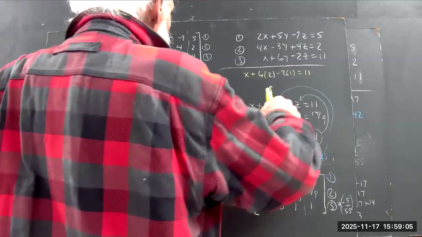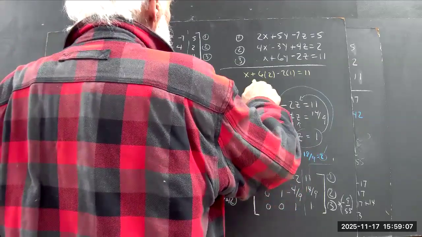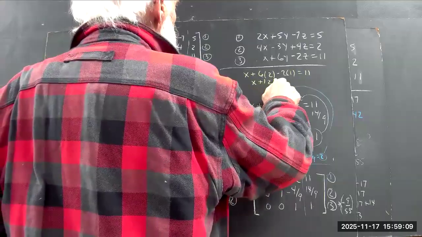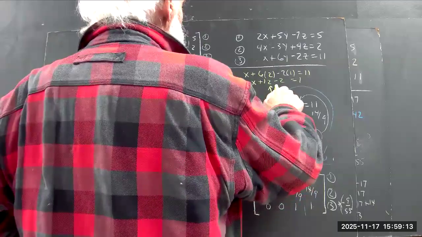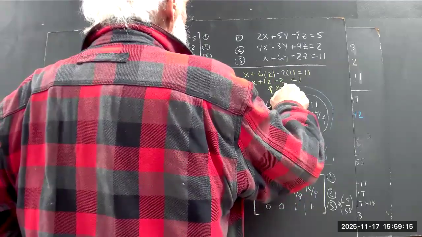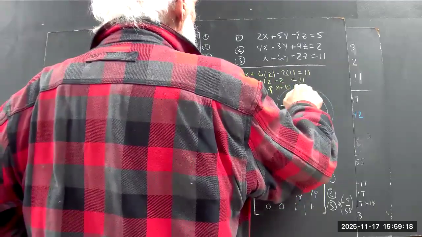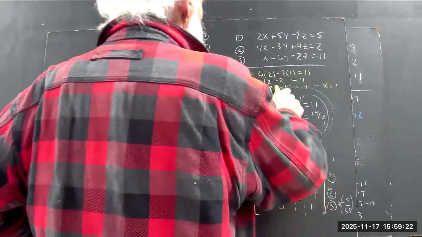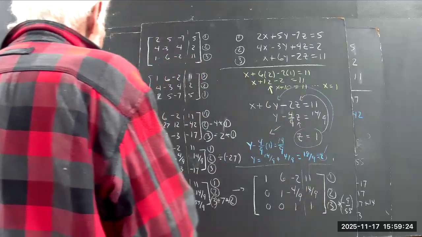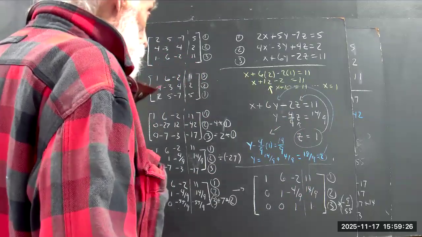Getting late in the day, I apologize. So that's x plus 12 minus 2 equals 11. X plus 10 equals 11. Subtract 10 from both sides. You get x equals 1.